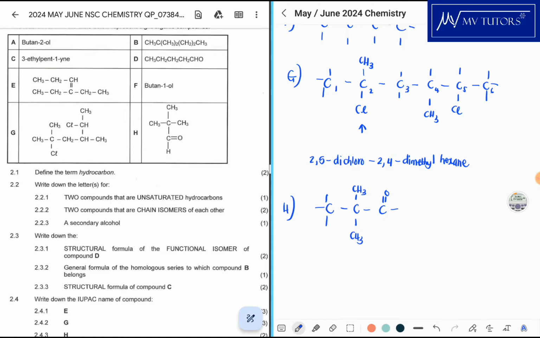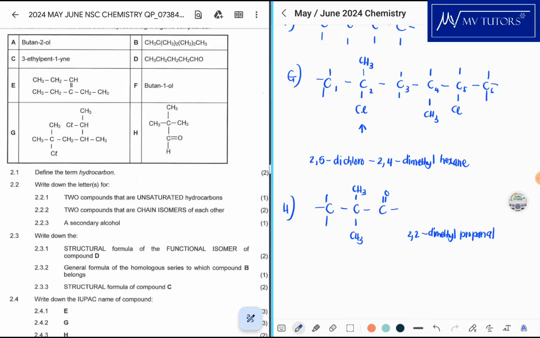I would say 2,2-dimethyl. This is actually an aldehyde. So 3 carbons, so propanal. So 2,2-dimethylpropanal. There's no need to say propan-1-al. Aldehydes are always at the end.